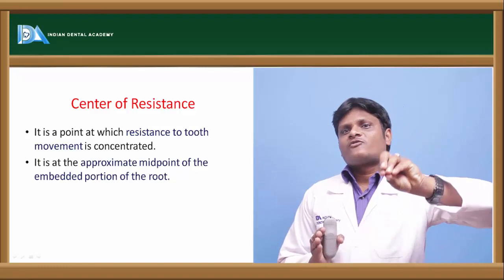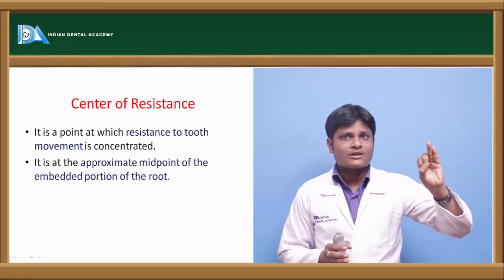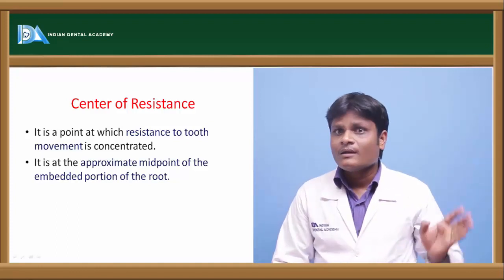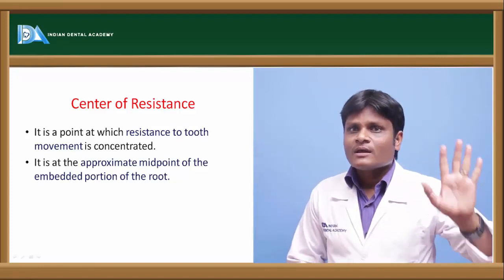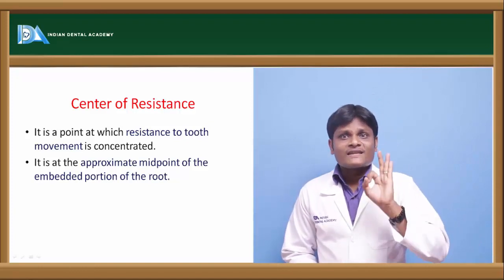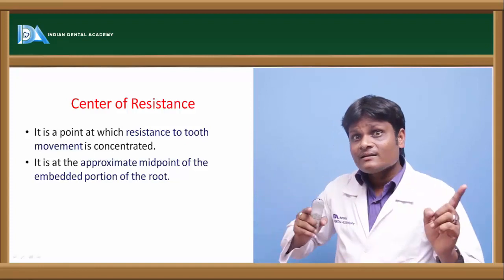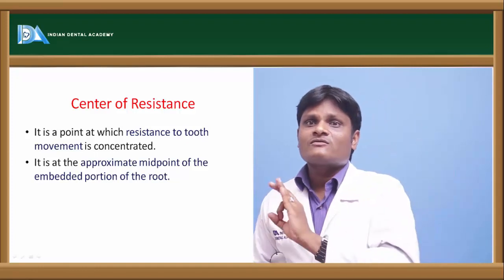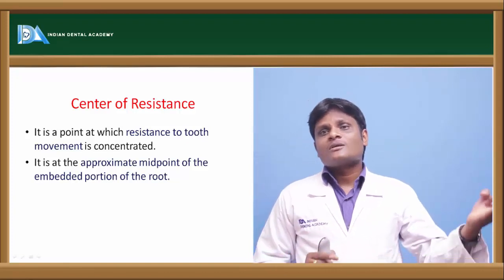When we apply an external force, and if that force is acting through either the center of mass or center of gravity or center of resistance, depending upon the situation in which the body is present, a body will move in a translatory fashion. That means each and every point on the body will move at the same rate and to an equal distance in a given period of time, provided that the effective force acting on that body is passing through any of these three points, depending upon the environment in which the body is present.